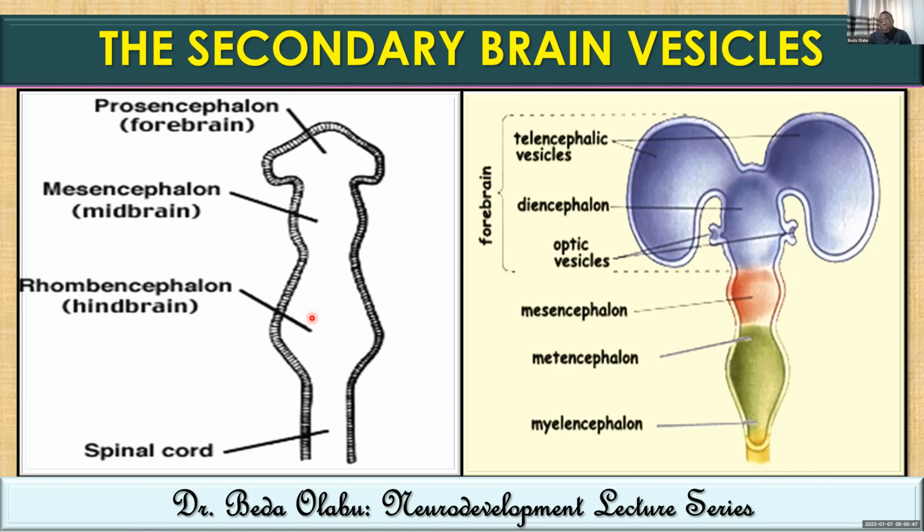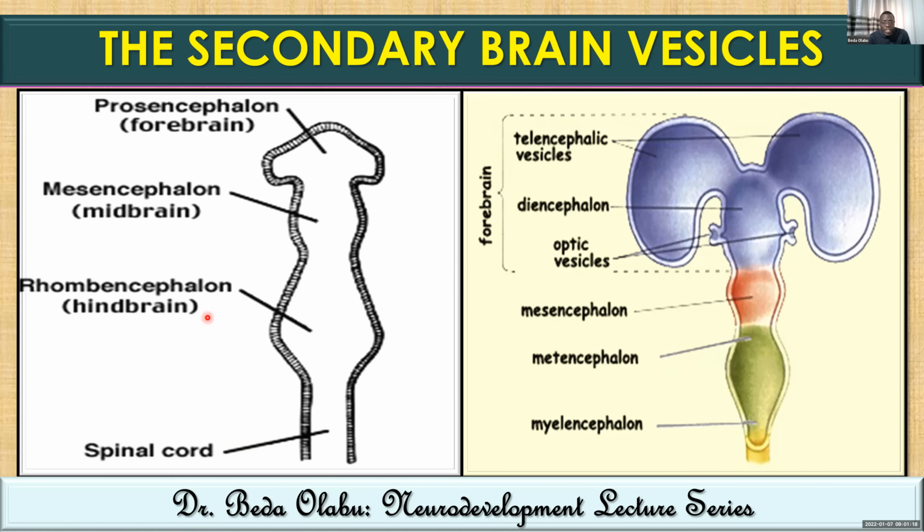How about rhombencephalon? Rhombencephalon gives us 2 swellings in a unique way. The 2 swellings of rhombencephalon are not completely separated in their cavity. So the cavity is just one large continuum, but from the wall, we see some separation.